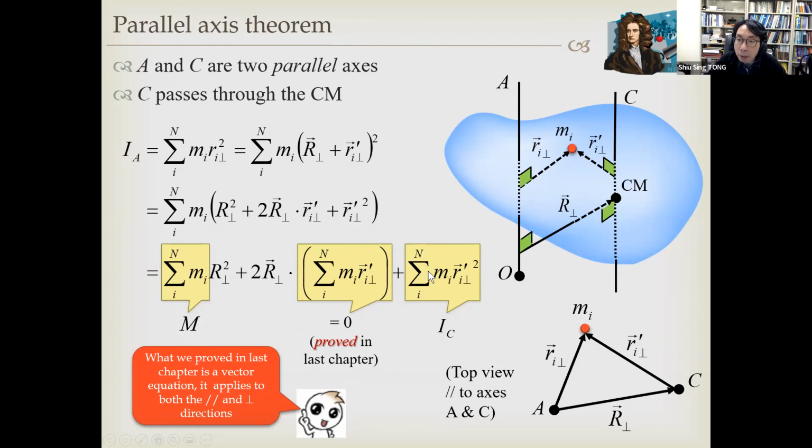But first, I would like to introduce what the parallel axis theorem is. All you need to know is how to apply the parallel axis theorem to different situations. And that's what I will test you in the final exam. You will not be required to do this proof. So I better tell you the result first, and then I go back to the proof.